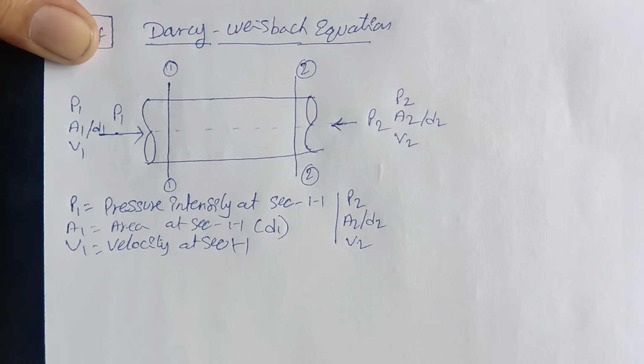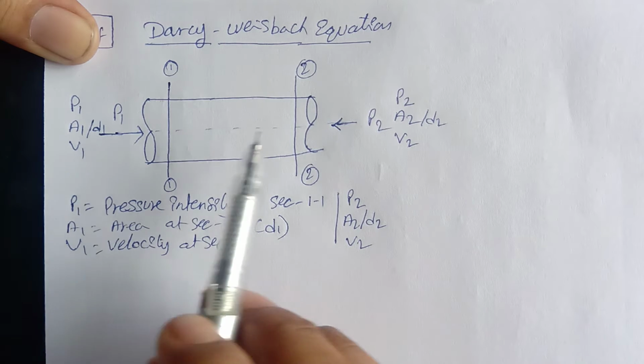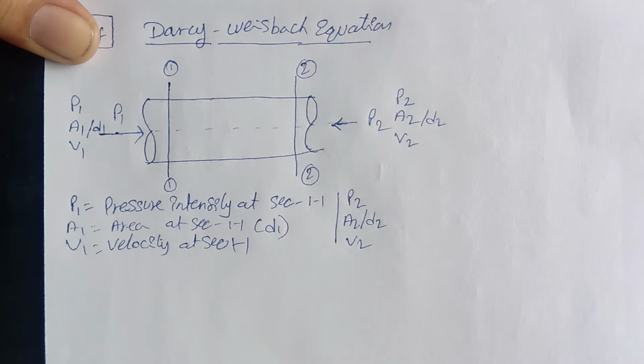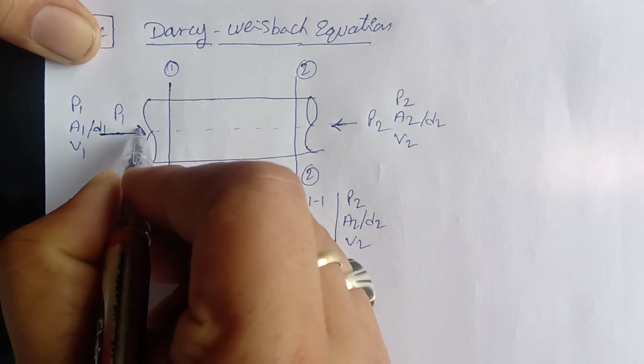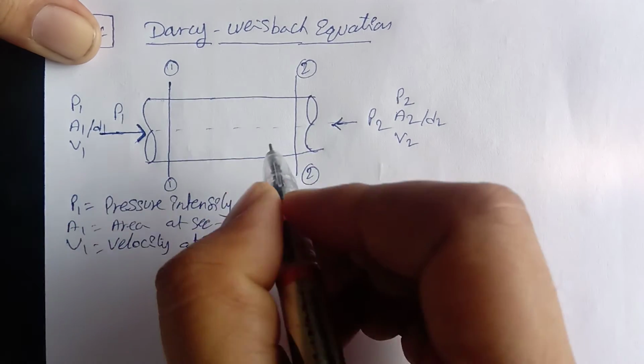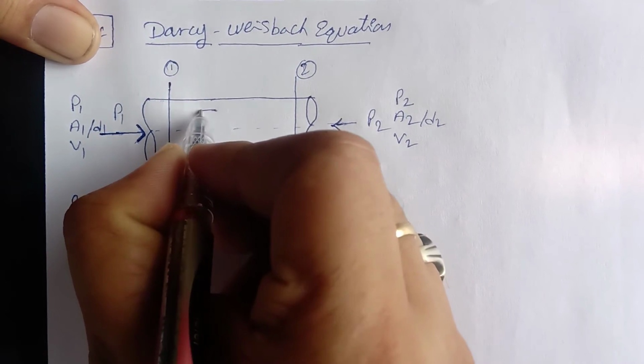Now if fluid is flowing from this way towards that way, then there will be friction generated inside the pipe which will oppose the flow of fluid. If this is my direction of flow, then my friction will be opposite to it.